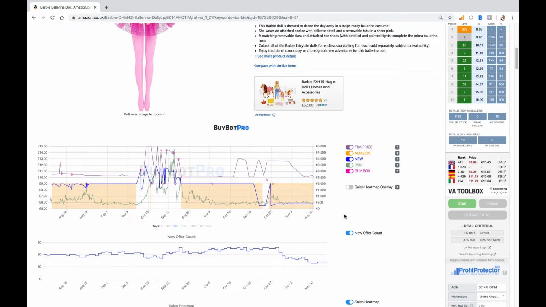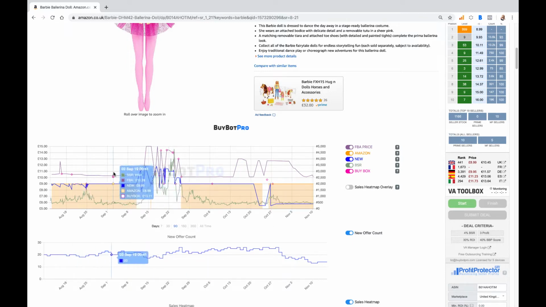You can also see that the green BSR line tends to go up when Amazon are out of stock. Like here, you can see the green line goes much higher, right the way up to here, when Amazon is out of stock. That means it's selling slower when Amazon are out of stock, and that's probably because the price goes up. So that will obviously create that difference in how quickly something sells.